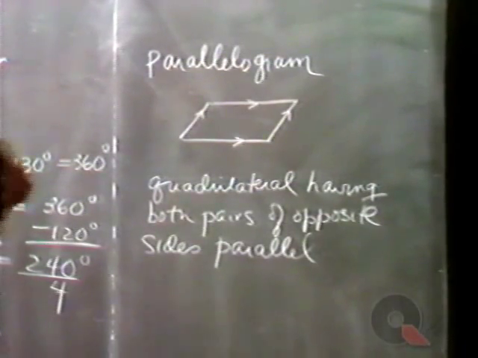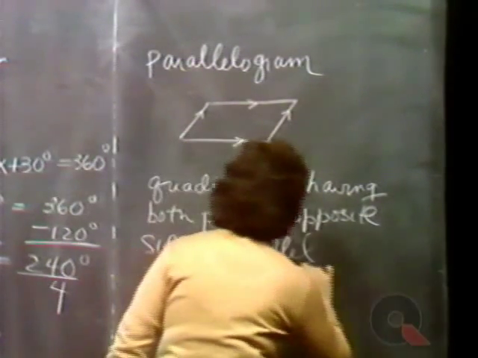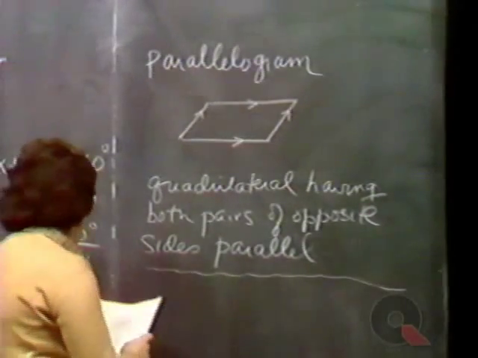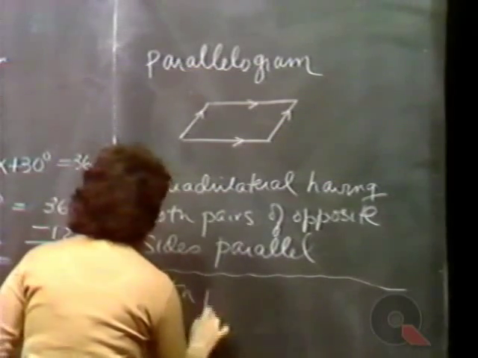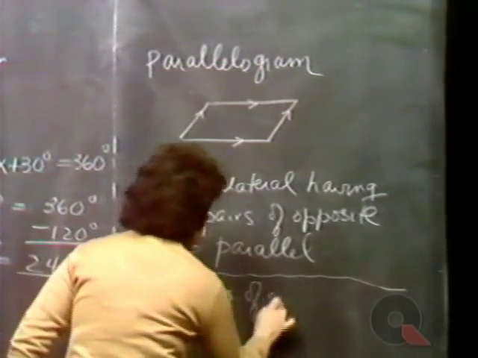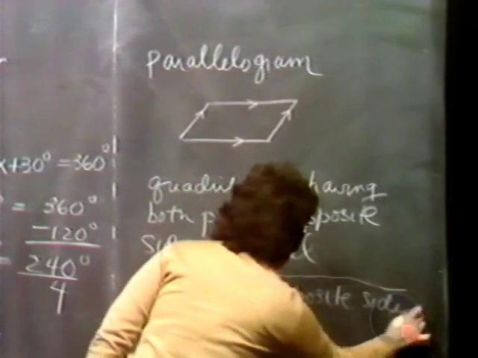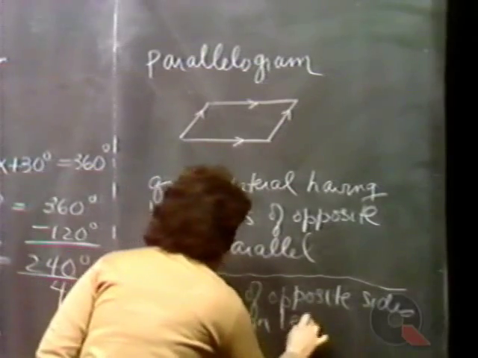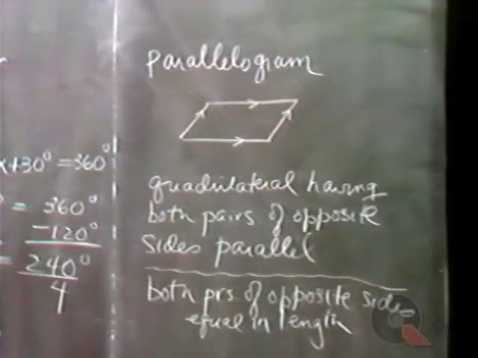Okay, now there are other possible criteria for a parallelogram. Instead of saying it has both pairs of opposite sides parallel, we could say it has both pairs of opposite sides equal in length.